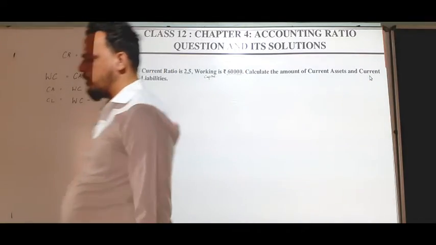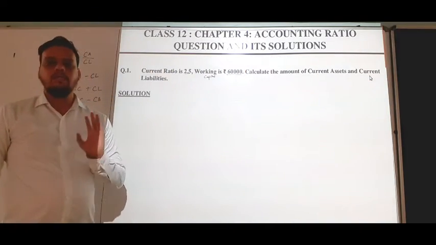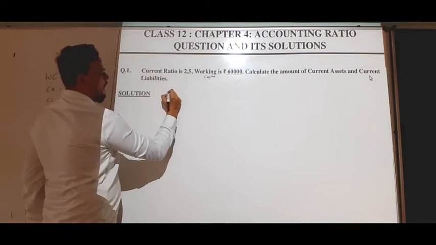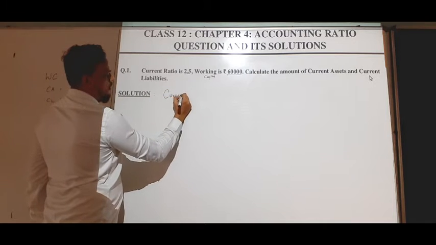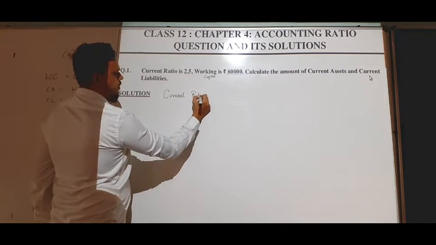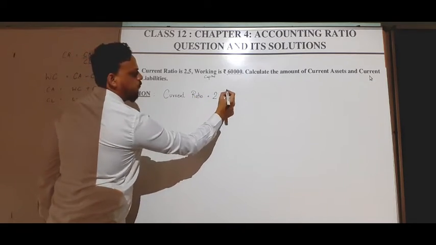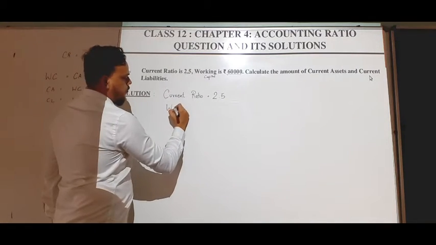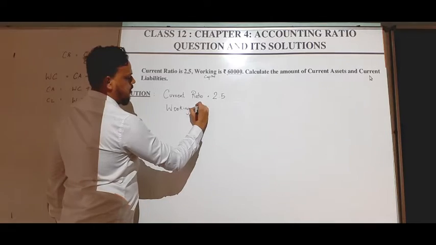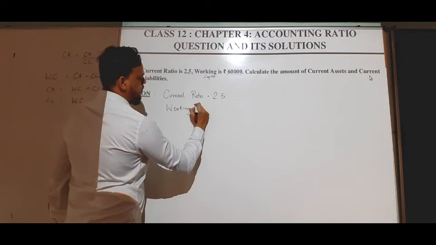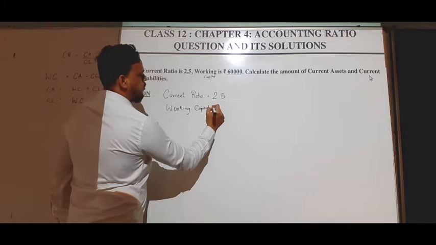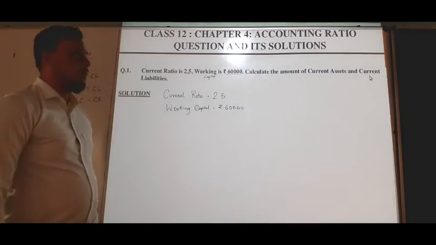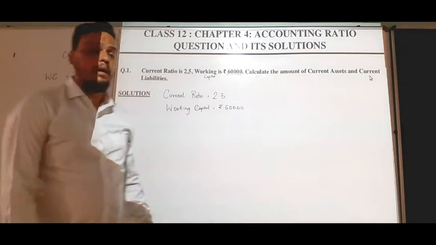As you know, in this question no current assets and current liability is given, but the given part is current ratio, which has been mentioned as 2.5 in the question, whereas working capital is also given as rupees 60,000. But we have to find current assets and current liability.